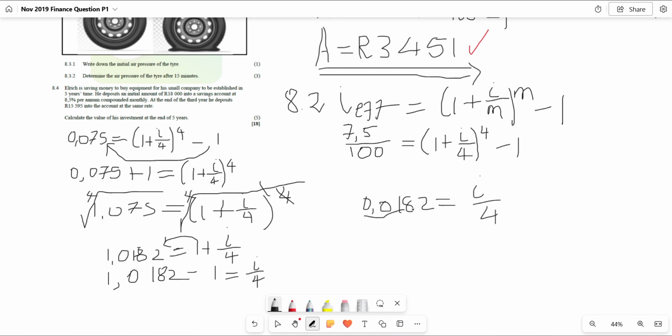Then here we are going to have over 1 because we want to cross multiply. Then I multiplied by 1 becomes I. That is equal to 0.01882 multiplied by 4, which gives us 0.0773. Then this is I in number form. We need to convert it to a percentage, so multiply by 100%.